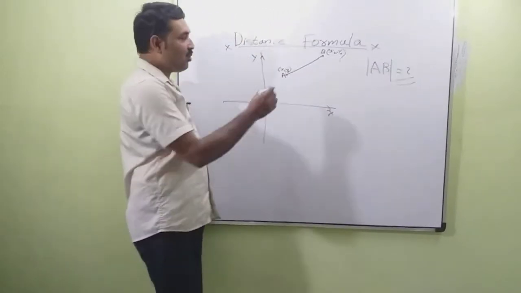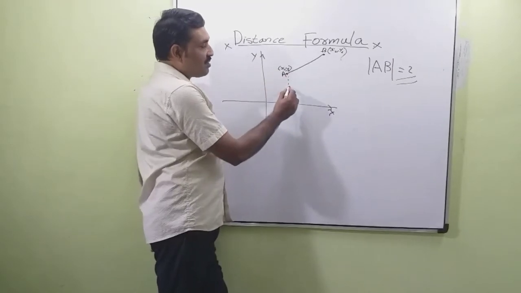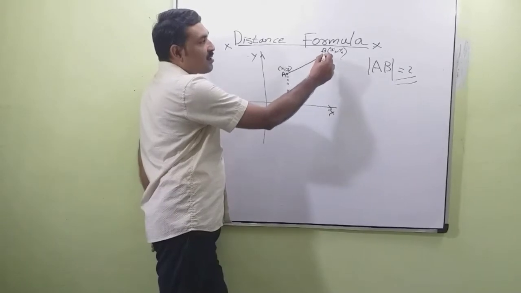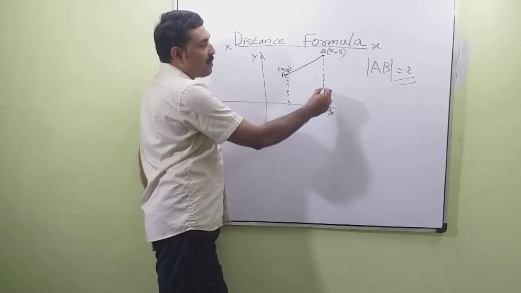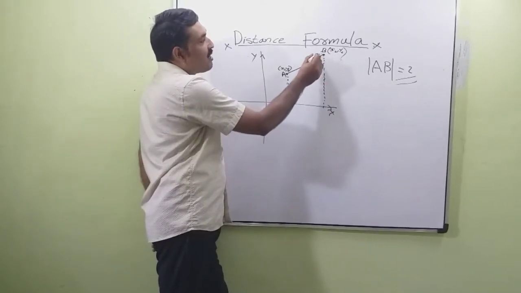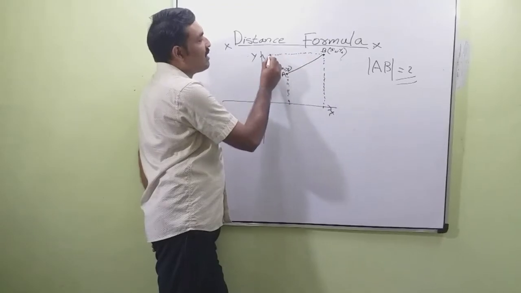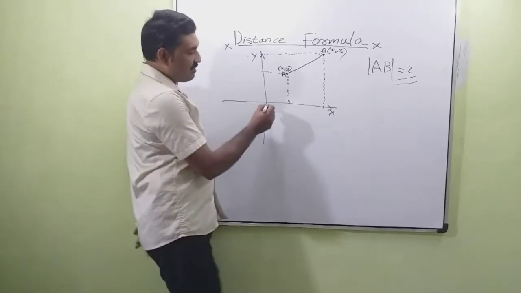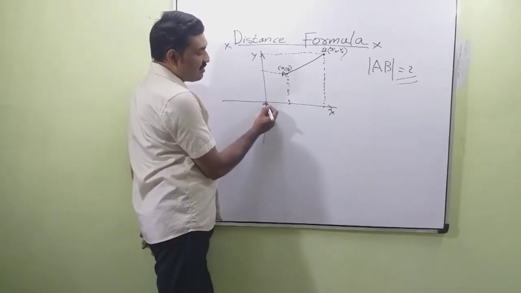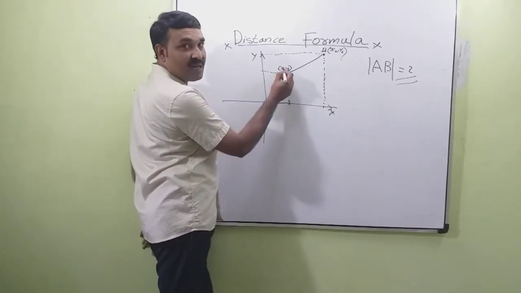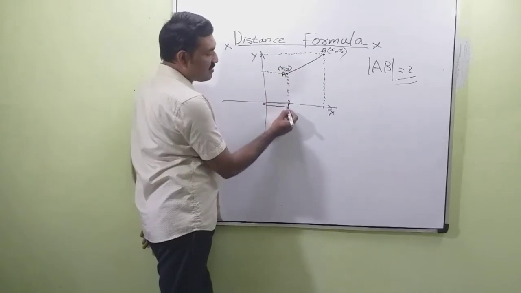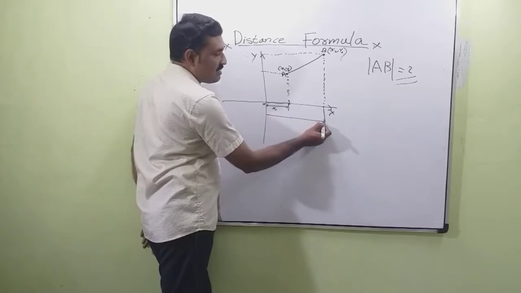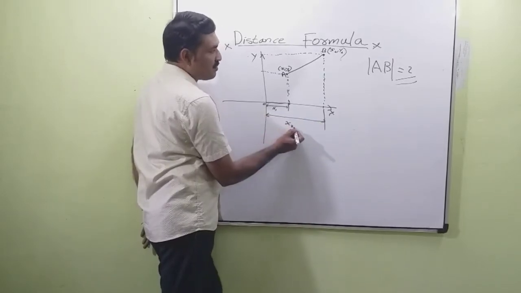Okay, now I am drawing a perpendicular to x-axis from A and also from B, and also perpendiculars from B to y-axis and from A to y-axis. So this is the distance along x-axis, represented by x1. This distance is x1 and this distance is x2.